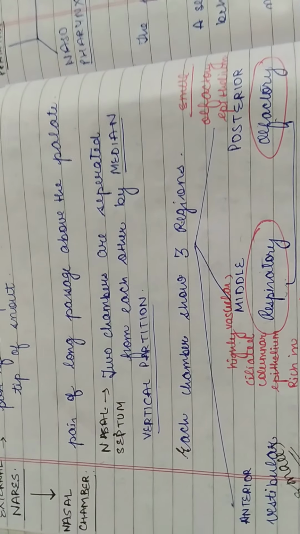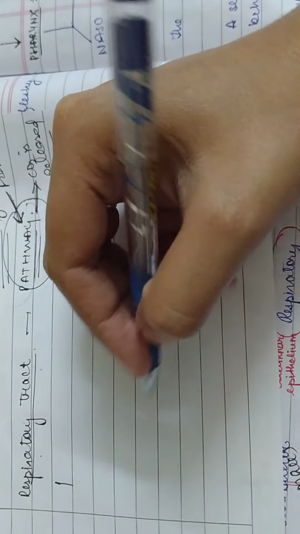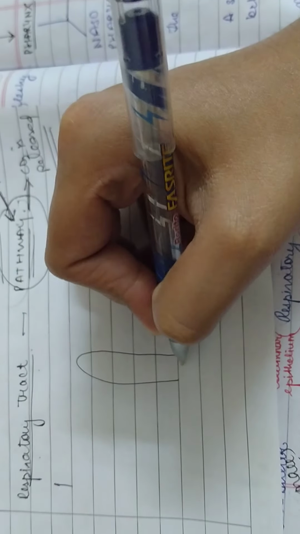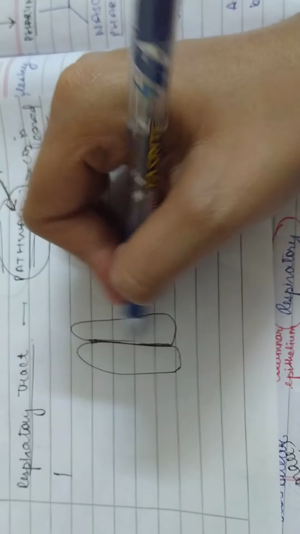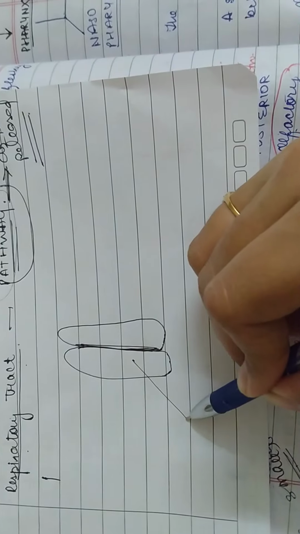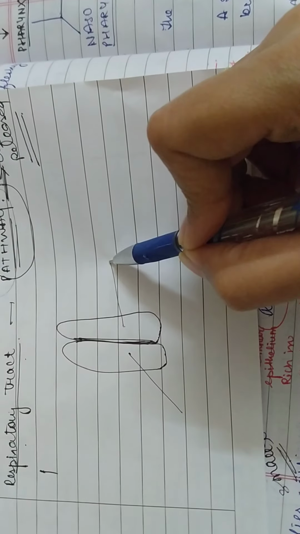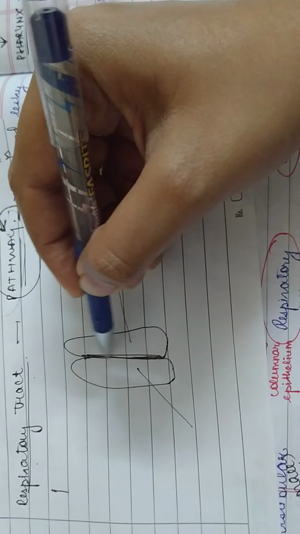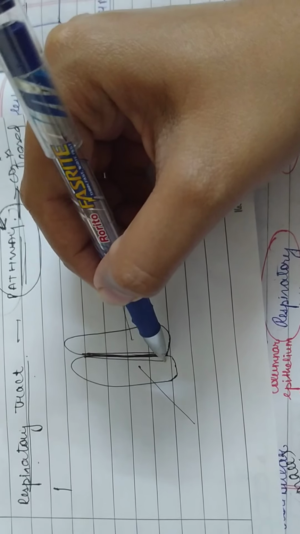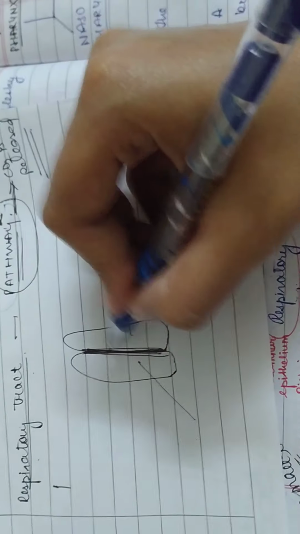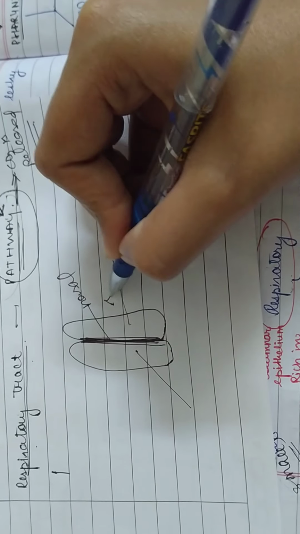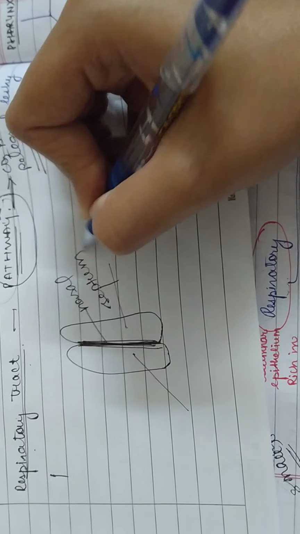What is the nasal septum? In the rough diagram, if this is one part of the nasal chamber and this is the other part of the nasal chamber, this median vertical partition is known as the nasal septum.